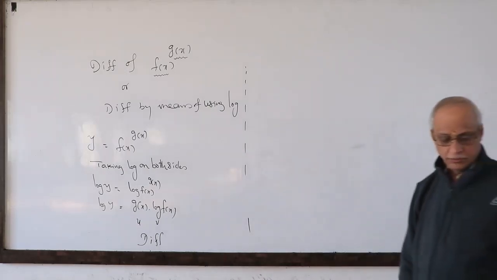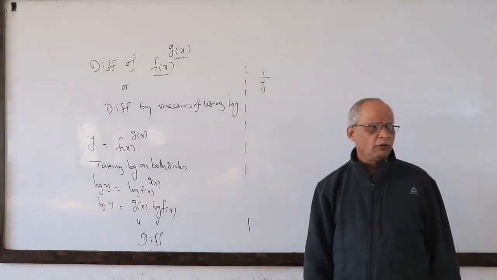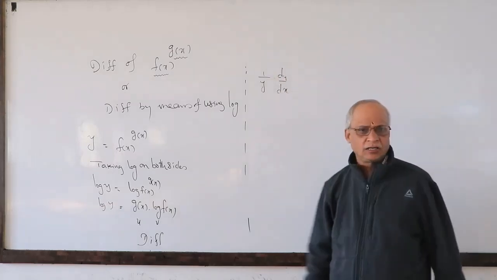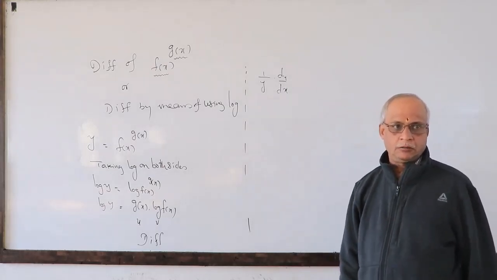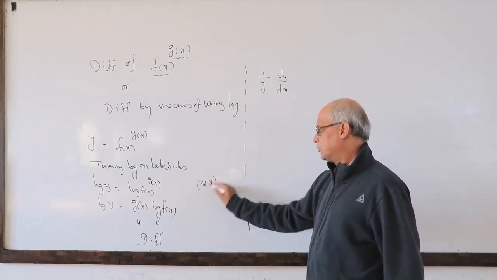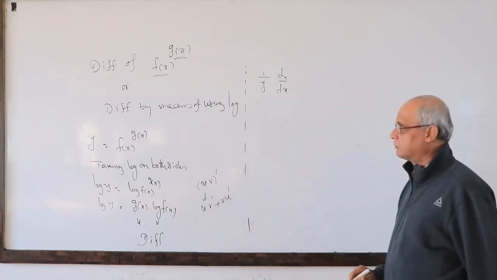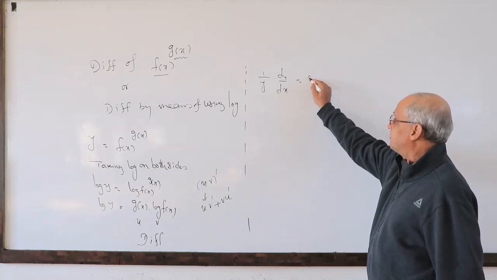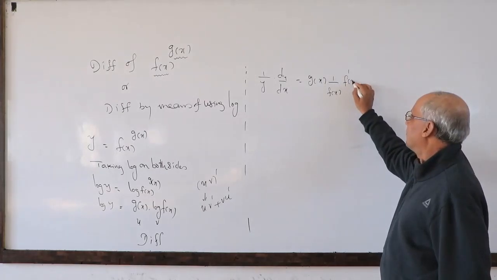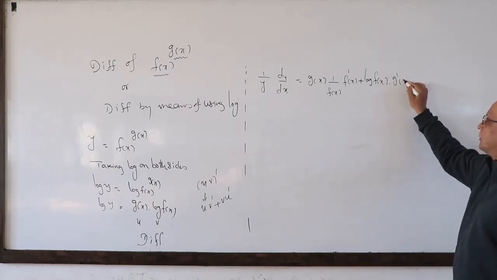What will you get on the left side? Log derivative 1 by y, y derivative dy by dx. Left hand side completed. Okay. Right hand side how will you do? UV rule. UV rule is u into v dash plus v into u dash. Hence therefore g of x multiplied by 1 by f of x into f dash x plus log f of x multiplied by g derivative.